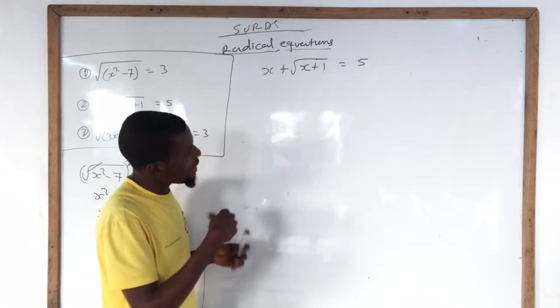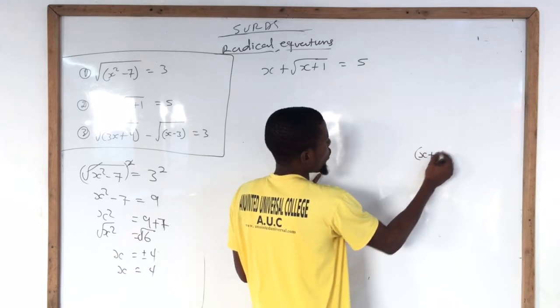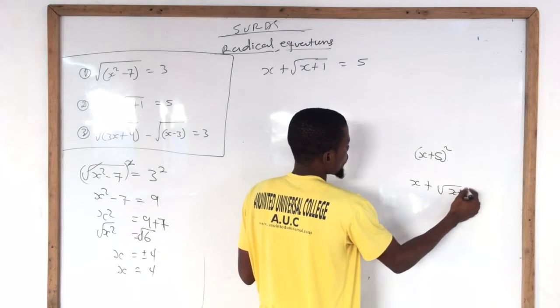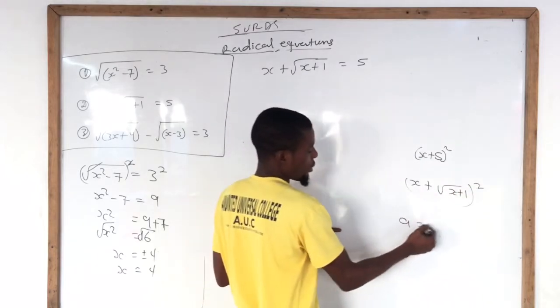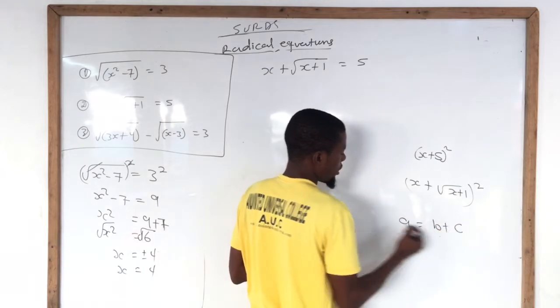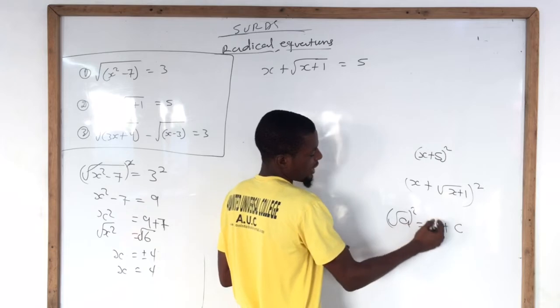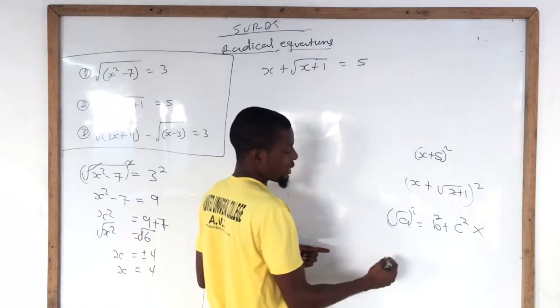It's simpler to square 5 minus x than x plus root of x plus 1. Because if I have a equals b plus c under a square root and I want to remove the square root, I can't square this and also square this. This is an error. It doesn't exist in mathematics.